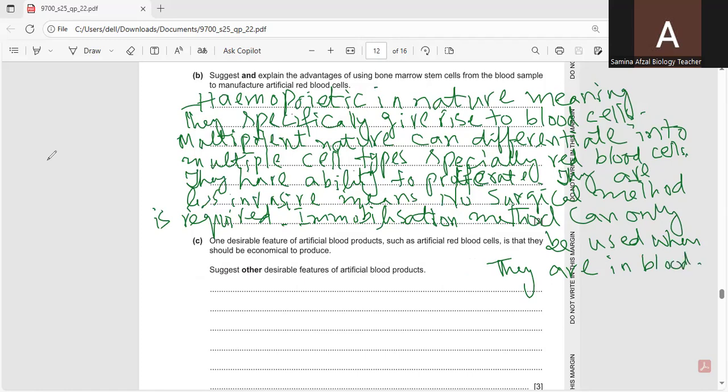So this is an easy method. Instead of extracting them from the bone marrow, it is easy to get them from the blood.